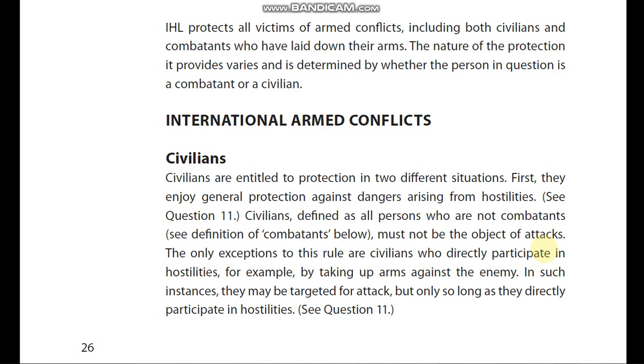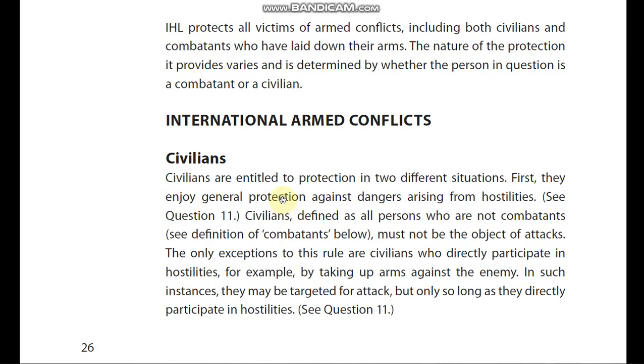So they may be targeted only when they directly participate in hostilities, and we will also discuss what we mean by direct participation in hostilities according to the ICRC publications, later in more detail in question number 11 of this booklet.